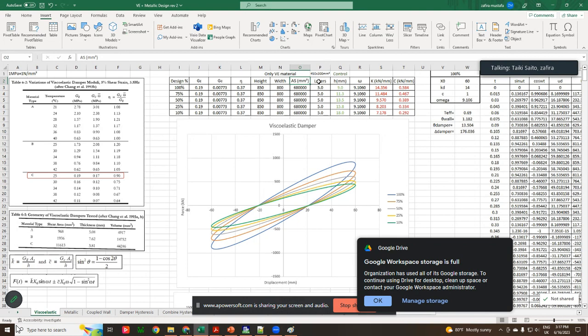Why do you do like this? Because viscoelastic is a sandwich type, viscoelastic material with metal plate, right, sensei? What is the size of 850? Why did you adopt this size? Yeah.